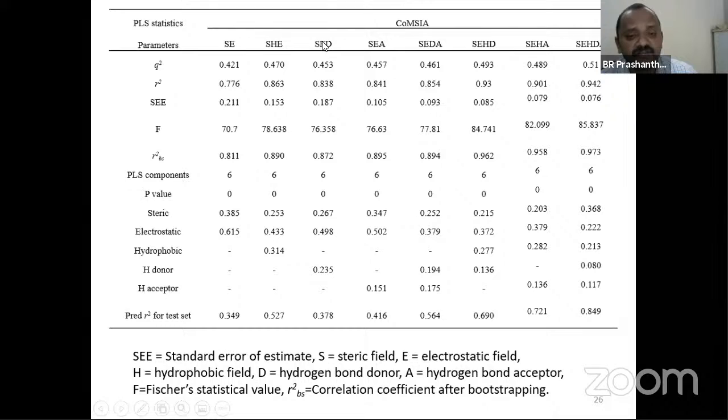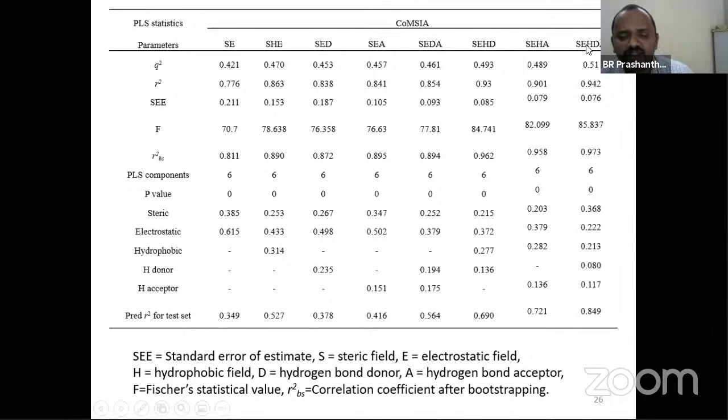Like that. So next, you can see that we used steric and electrostatic fields; steric, hydrophobicity and electrostatic fields; steric, electrostatic fields and donor; steric, electrostatic and acceptor; steric, electrostatic, donor and acceptor. Okay, so steric, electrostatic, hydrophobicity, and donor, all the different combinations we have taken into consideration.